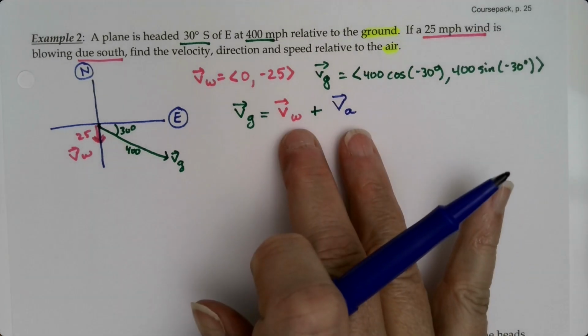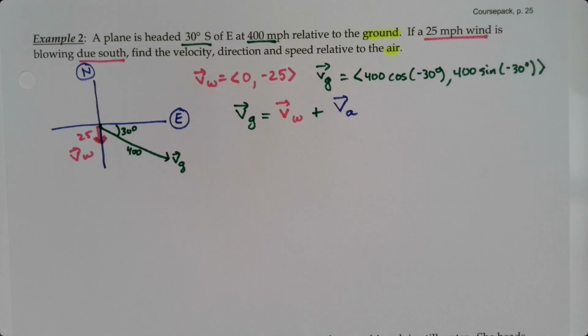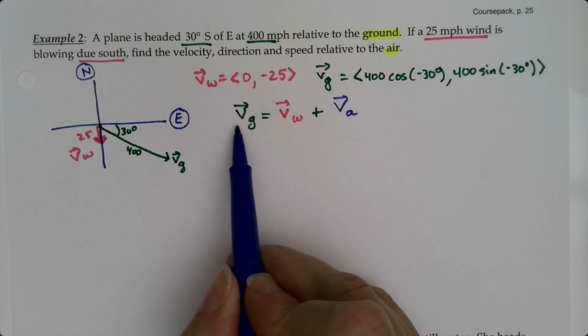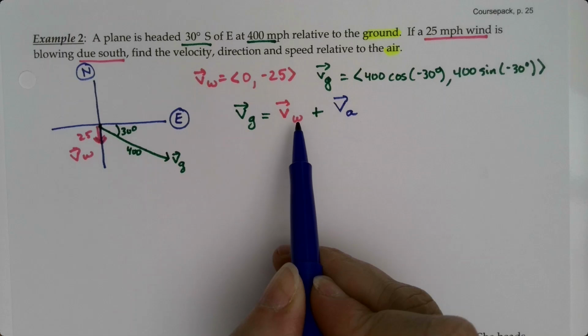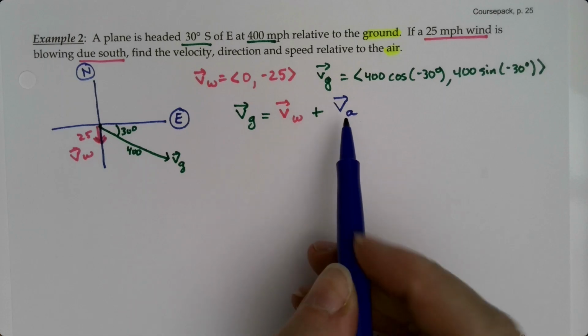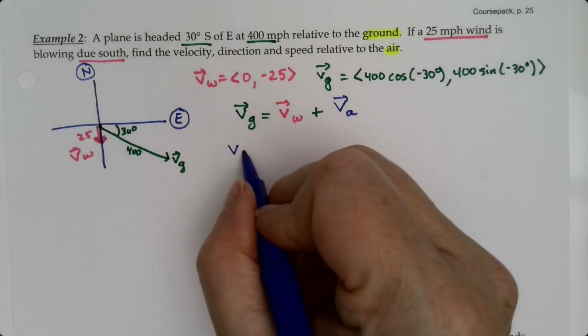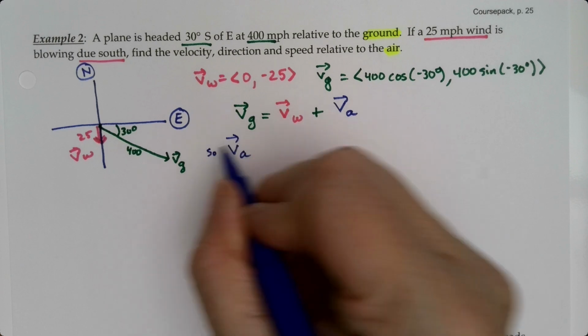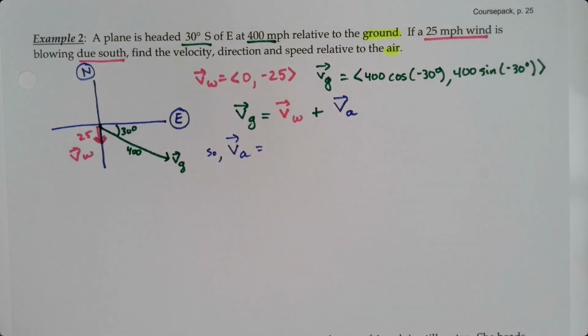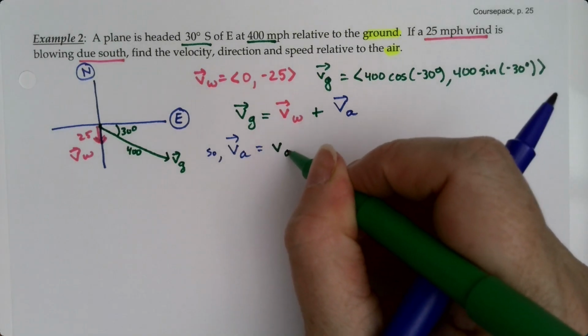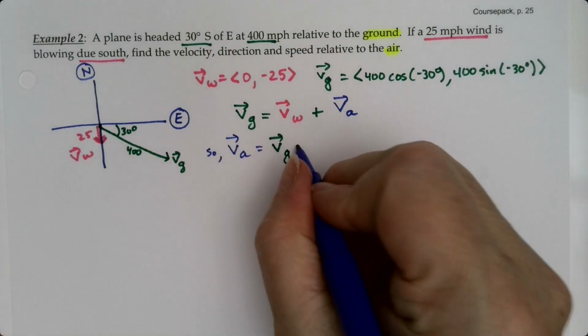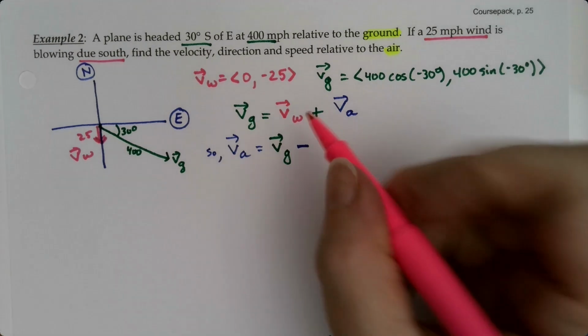These two component pieces make this velocity with respect to the ground. But we already know the velocity with respect to the ground, and we know the velocity with respect to the wind. We're looking for VA. So that means that VA is equal to the velocity with respect to the ground, take away the velocity with respect to the wind.